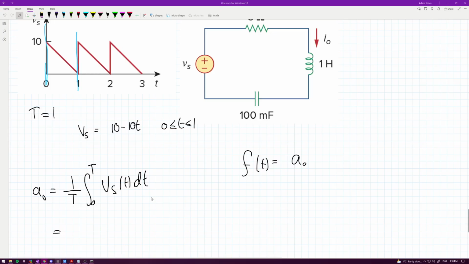Okay, I guess so. That makes sense. So 1 over 1, integral 0 to 1 of vs of t dt, that's equal to 5. So there we go. We didn't even need to calculate it; I just did it visually there.